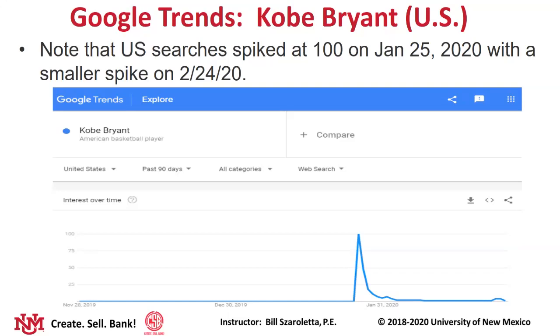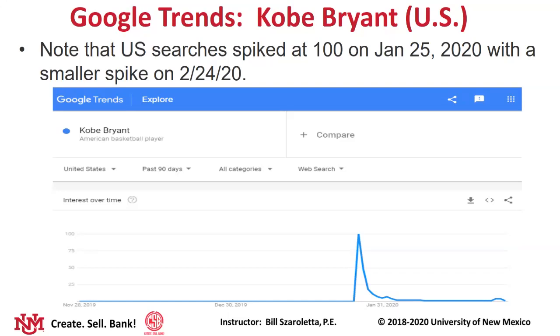And then it had a smaller spike out here on February 24th, 2020. Well, that's when Kobe Bryant and his daughter and 7 others were in a helicopter that crashed on the 25th.